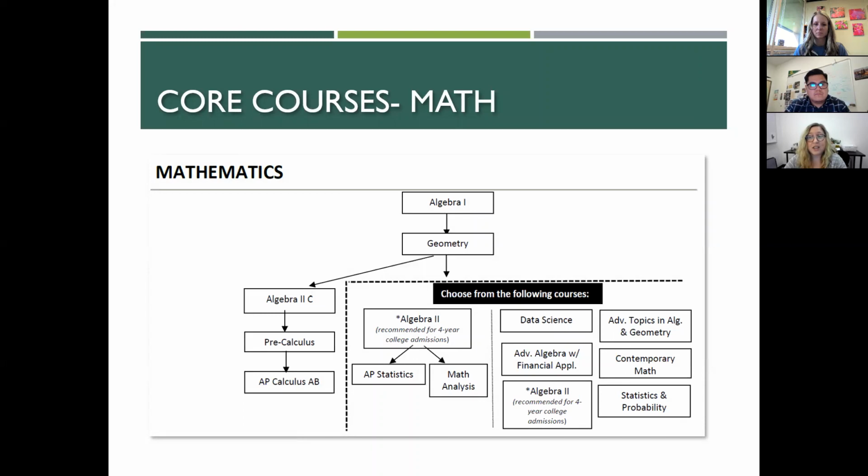You can choose to take one or more of our math options that are a semester long. Those math options include data science, contemporary math, or statistics and probability. You also have some choices like financial algebra and advanced topics as year-long math classes as well. If you're not sure which class to take, be sure to talk about it with your current math teacher.